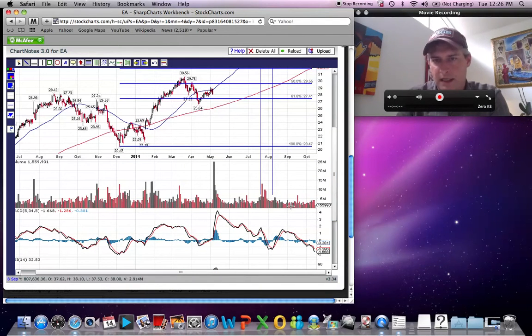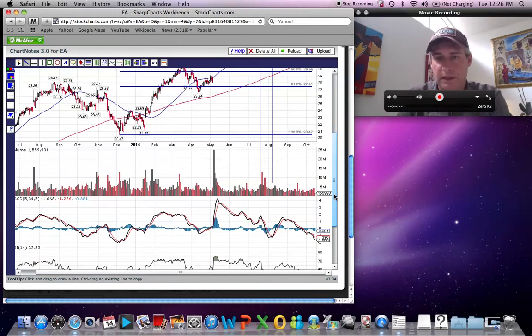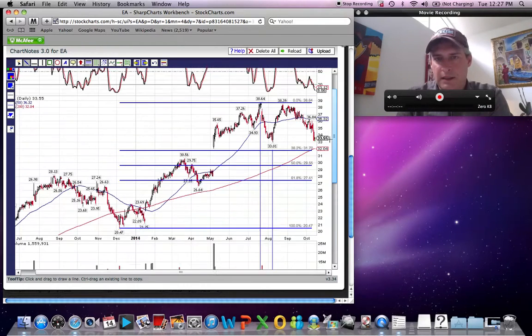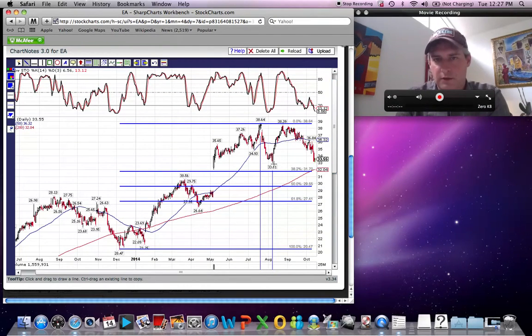It would appear, based on the daily volume, that there are more selling days on heavier volume than up days. Notice how the black up days here don't have very many that spike up, particularly compared to this. All right, so we've got our first clues.